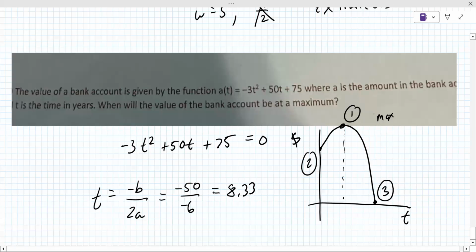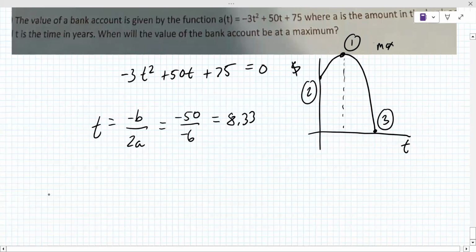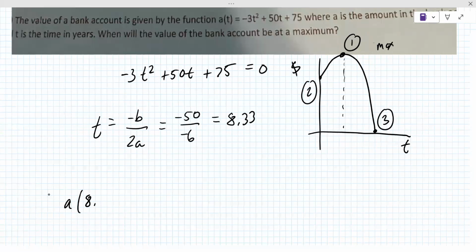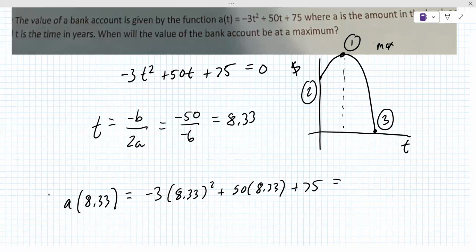That's not doing anything. Negative 3 times 50 divided by 6. Negative 25. Let me know when you get a final answer.